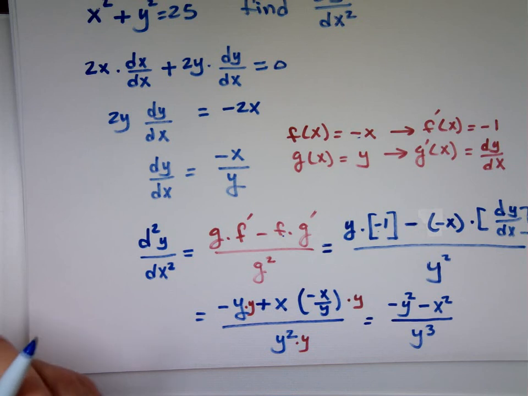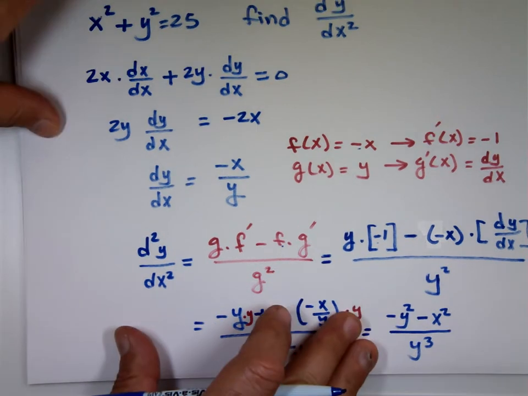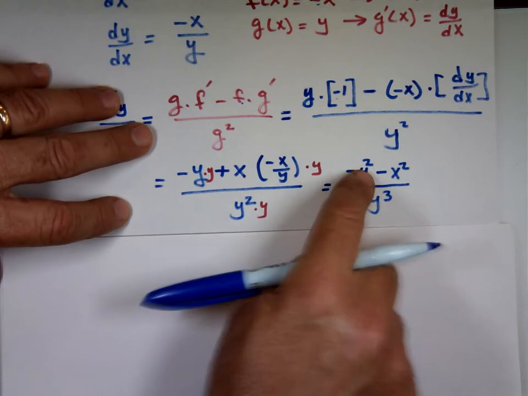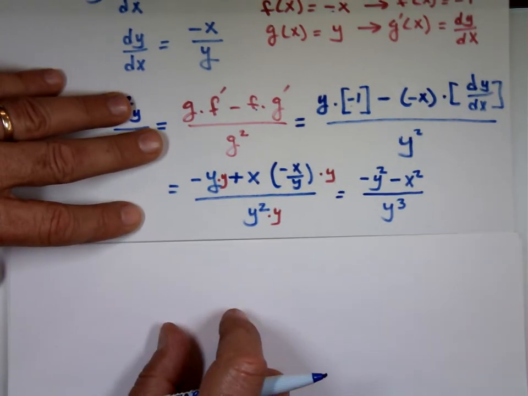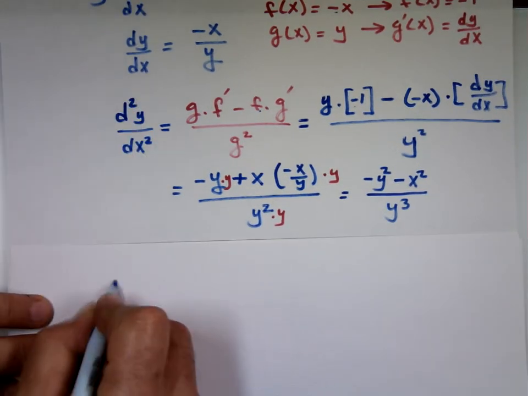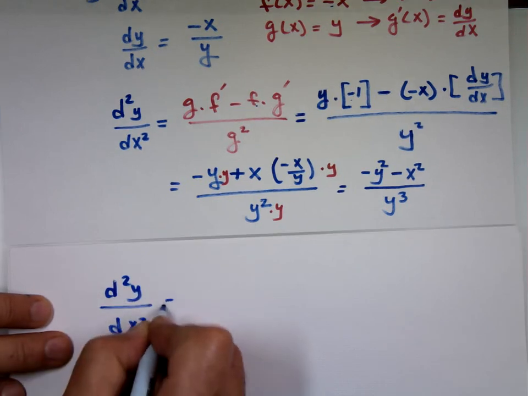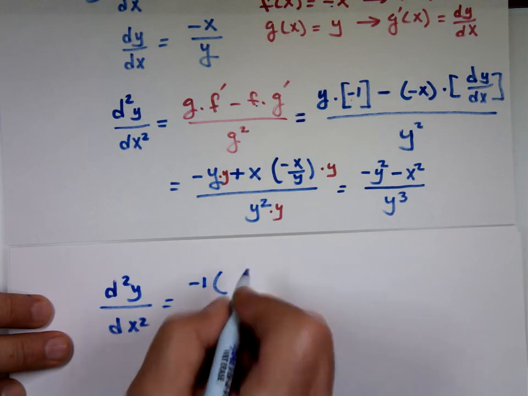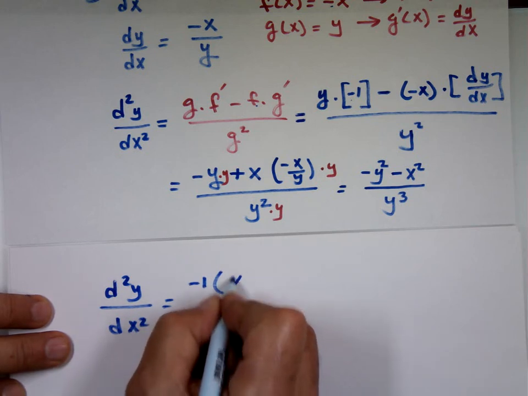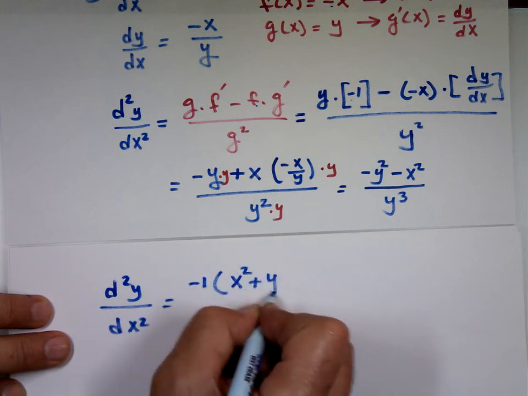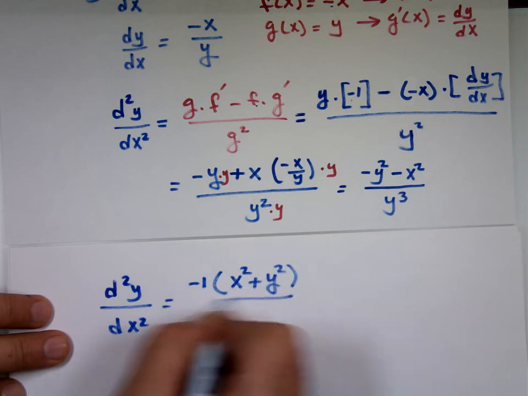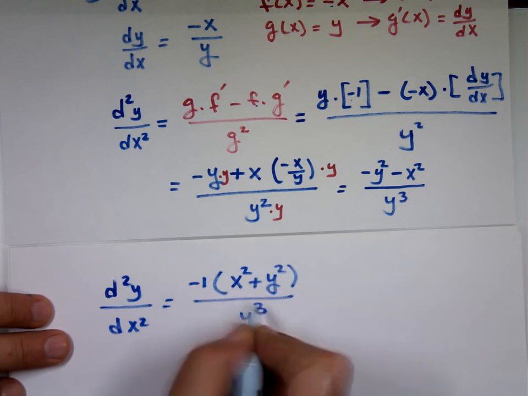Well, let's look at that. Let's try to finish it. Can you factor anything out? No, the top. How about a minus 1? If you take a minus 1 out, what's left? Y squared plus x squared, or x squared plus y squared, right? Now, why did I factor the minus 1 out?